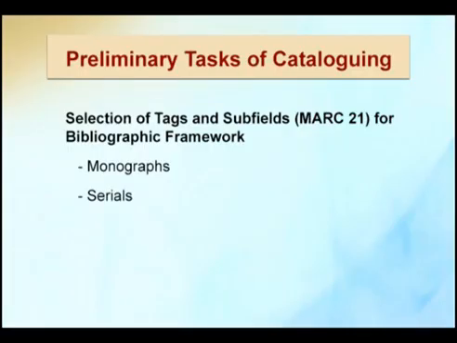Now, when we are talking about the preliminary tasks associated with cataloging, practical cataloging work in ILS, that means selection of tags and subfields under a tag for the bibliographic framework. Mostly in libraries, two common library materials are monographs and serials, and most of these libraries are using these two frameworks in tandem.